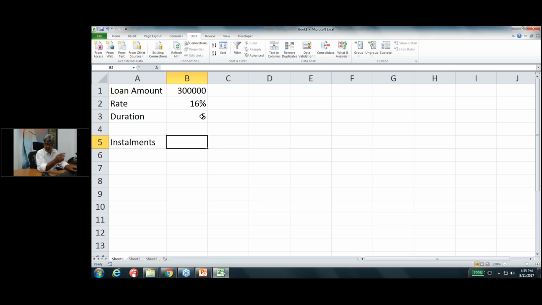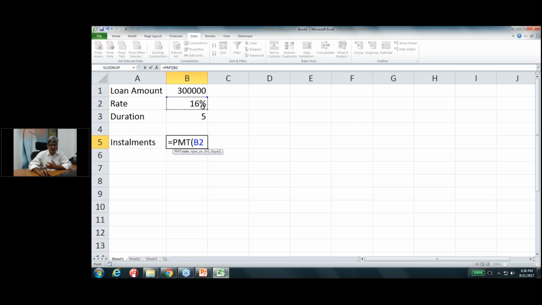In one of my last few webinars, I discussed the PMT function. The PMT function is used to calculate the installment of a given loan from the bank. There are three parameters involved: one is the rate, another is the NPER, and the third one is the present value, the PV. In this particular case, the rate is 16%, stored in B2.